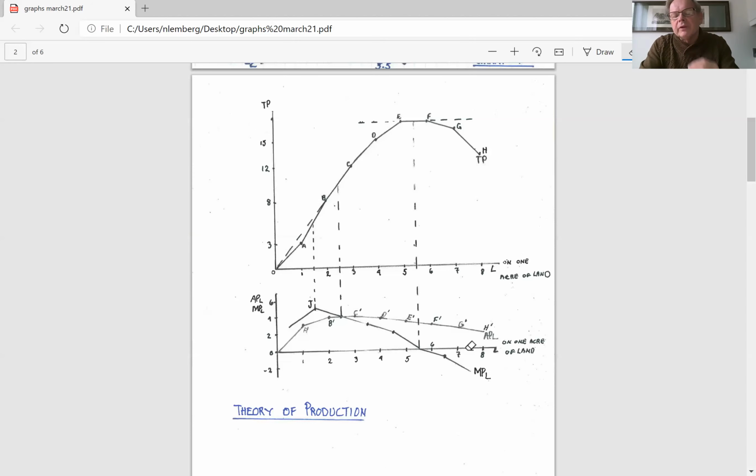This is where companies sometimes find themselves working in this area right here, where marginal product of labor is negative, and they will go through what is called a rationalization program. In other words, the company will hire consultants to come in to figure out how many employees they should have. So if they're employing 8 employees, their total output is not at maximum.